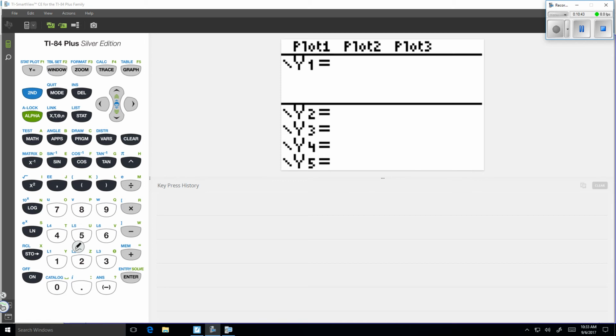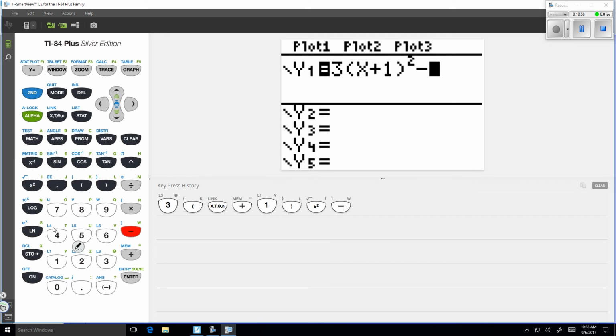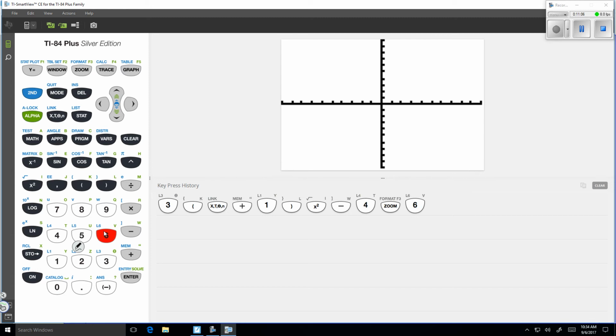So I'm going to enter 3, parentheses open, x plus 1, parentheses close, squared, subtract 4. And I'm going to view the graph of this in the standard window. So that's just a zoom 6. Zoom is up here, and then 6. And there is our graph.